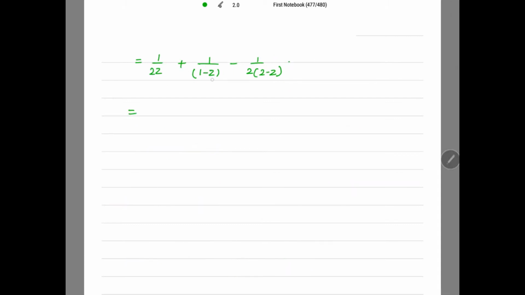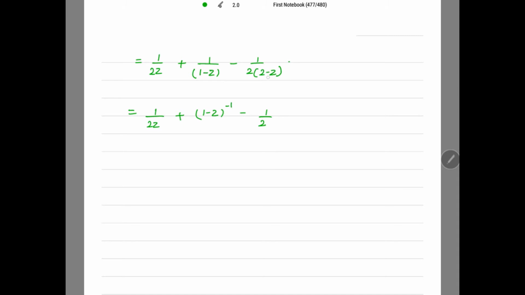That's why plus 1 over 1 minus z. Now which is equal to 1 over 2z plus, taking the denominator into the numerator, so this (1 minus z) inverse minus 1 over 2.